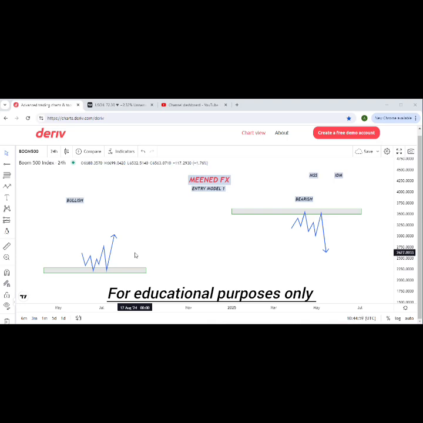So marking those zones on higher time frame, you can see I've represented them here by a rectangle on the screen. So when price actually taps into those zones, what gives me a confirmation to actually enter is what I've drawn on this.